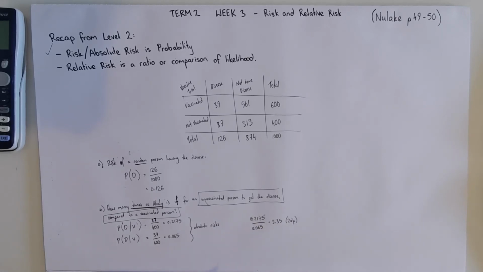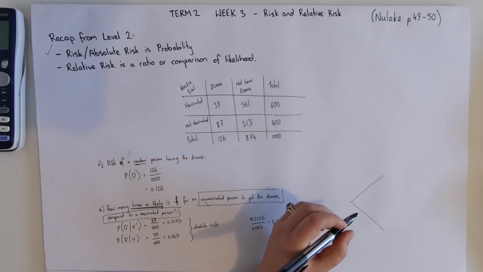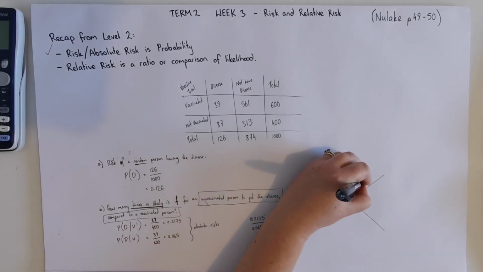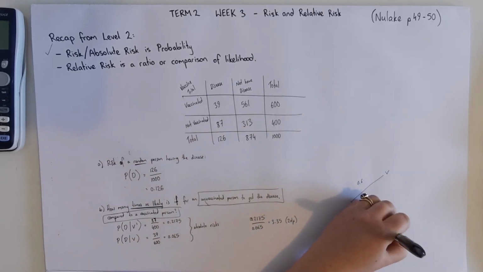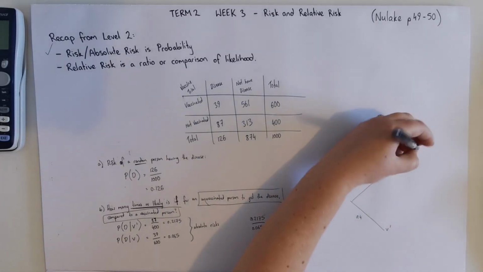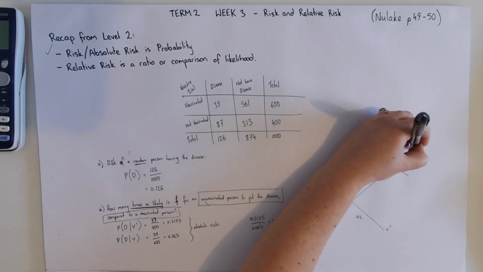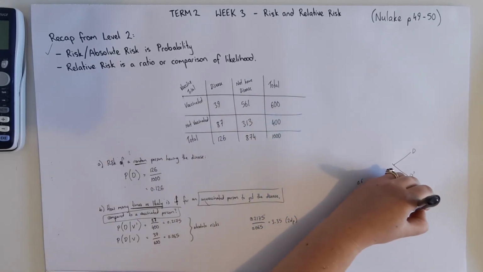Final point to note in this video, what that might look like in a probability tree. If we enter in just some of the same information into a probability tree, starting with vaccinated and non-vaccinated, and then our second stem being diseased or not diseased, same for both.